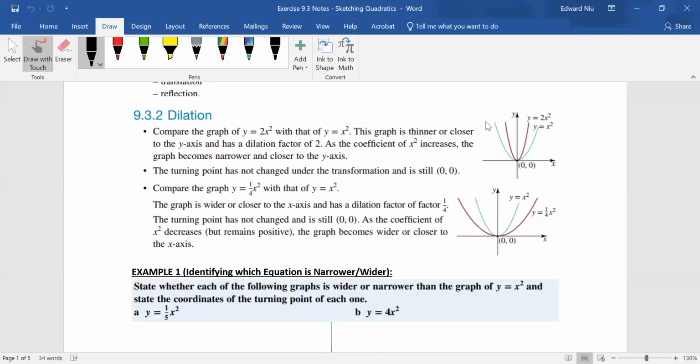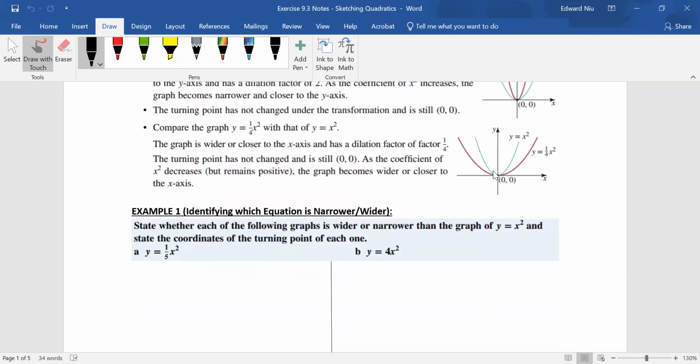So if we take a look at the graph to our right, we've got y equals x squared, which is pretty generic. And if we add a coefficient of 2 in front of the x squared, what you'll notice is you'll get a narrower parabola. What happens though is if we have a fractional coefficient, whether it's positive or negative, it's going to be a wider dilation, okay?